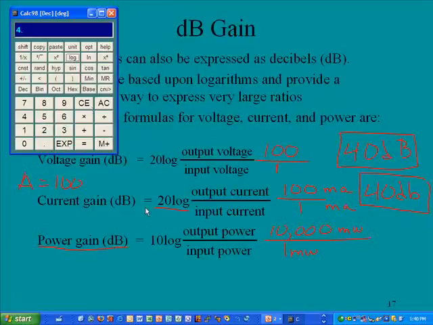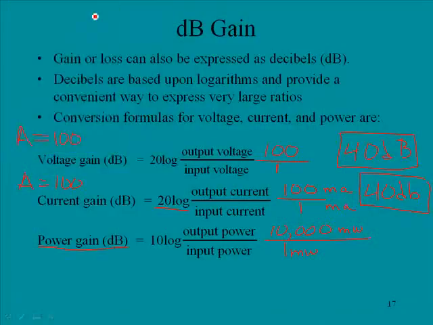Now notice this time it's times 10, so times 10, and notice that we still get 40. And so interestingly enough, remember this is actually what we would expect since this is the same amplifier, and this kind of brings into play why do we take 10 times the log but 20 with voltage and current.